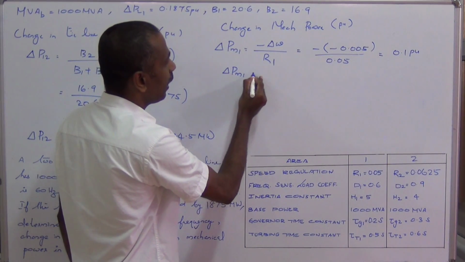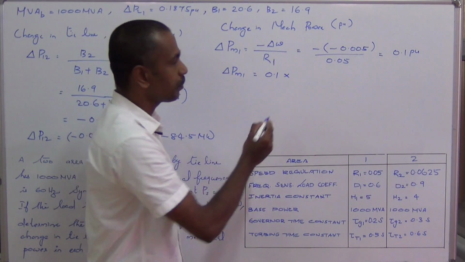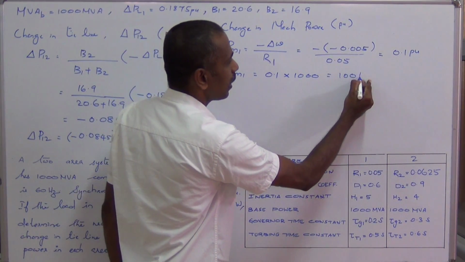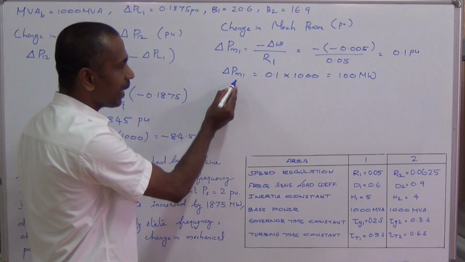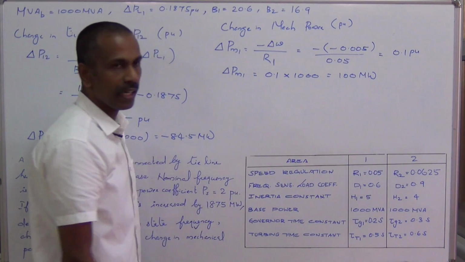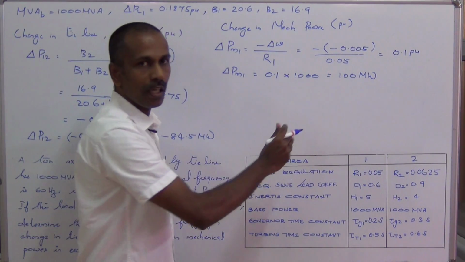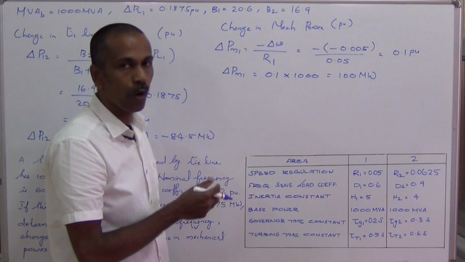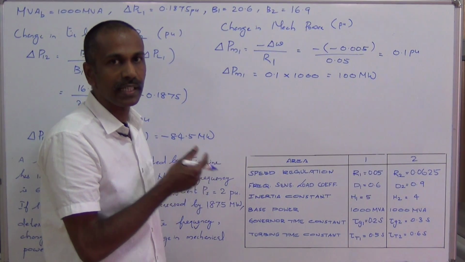Delta PM1 actual is equal to this per unit change into the base power, which is 1000 MVA. So it is 100 megawatt. So the change in mechanical power in the first area is 100 megawatt. This much additional mechanical power should be supplied to the first area in order to increase the power generation in the first area.